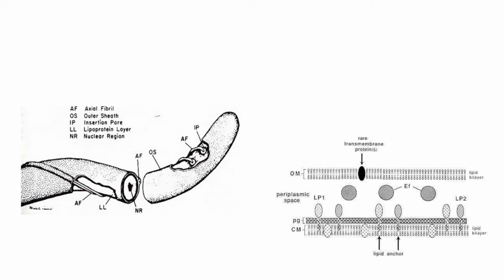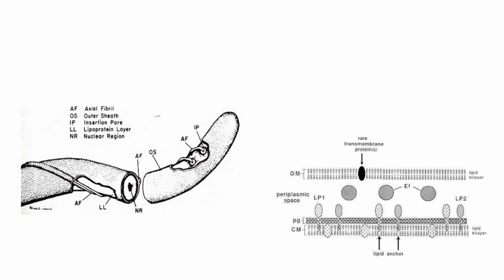This is a picture of the cell wall layer. As you know, Treponema is gram negative, so Treponema has a trilaminar layer, which provides the organism rigidity and shape.